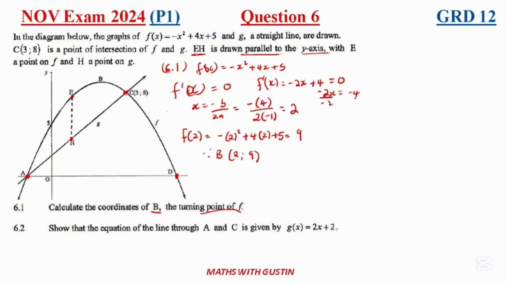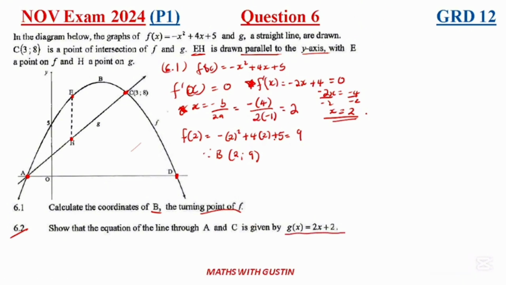Divide everything by negative 2. As you can see, the x value here is also equal to 2, guys. So you can either use this method here or you use this one here of x equals minus b over 2a.